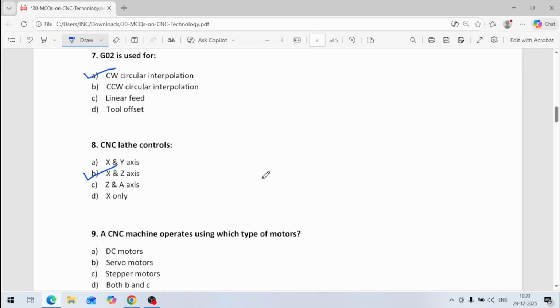In a CNC lathe, one is your Z axis, and the other axis in which the tool moves is the X axis. This is your job, like this, and this is your Z axis. So X and Z. Okay.